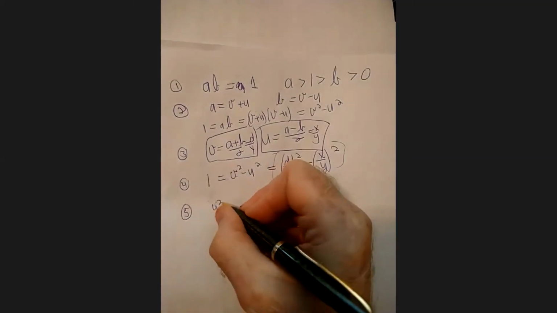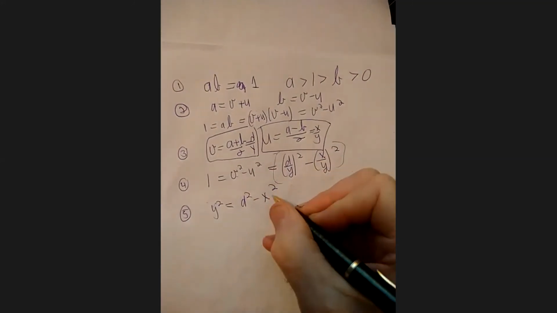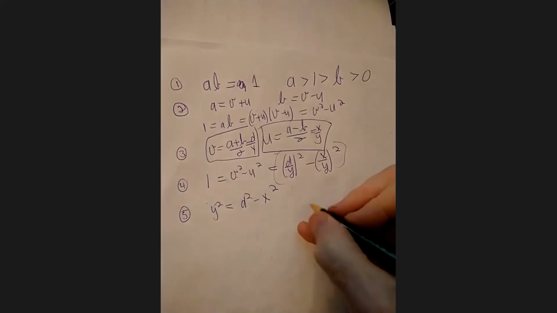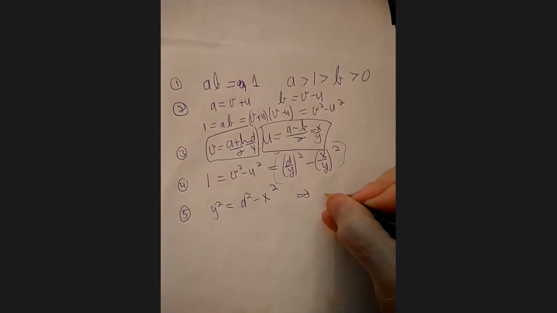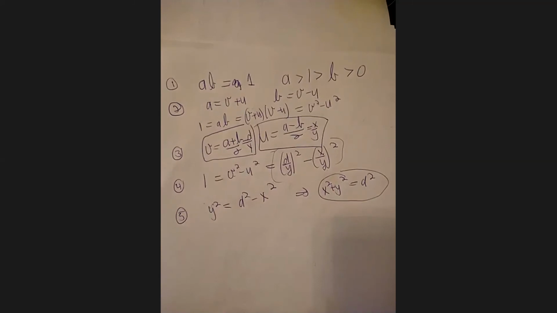I get y squared equals d squared minus x squared. And then that yields my triple. And what I want to do is go through this with 6/5 and 5/6. But in terms of the algorithm, does that make sense?